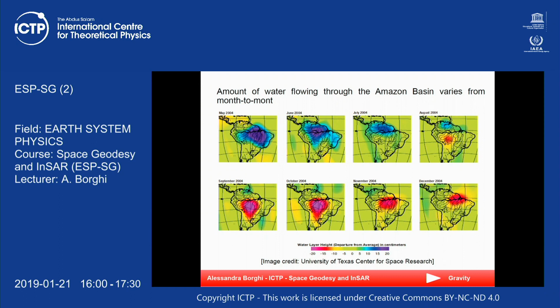I remember that when these results were presented in the meeting, in the workshop, probably an IAG meeting, people were really impressed because you can see centimeter variation. Of course, this is Brazil, the Amazon, and you have a big effect for water.